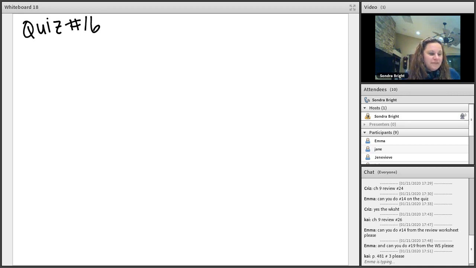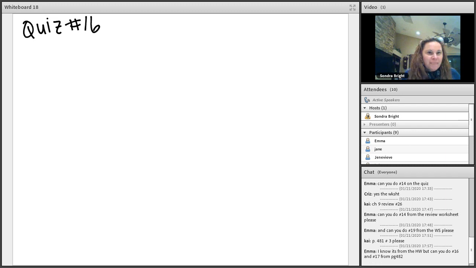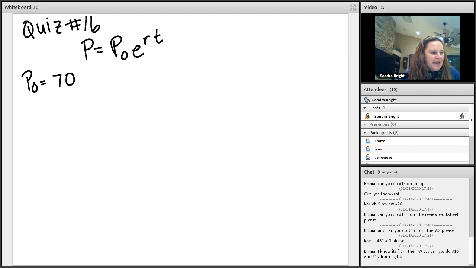Find an equation to model this exponential function. We gave you the equation P equals P naught times e to the rt. So you start at 70, you end at 200, and 4 weeks in between.